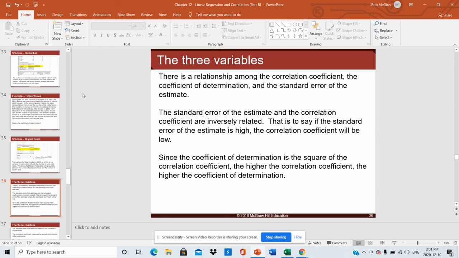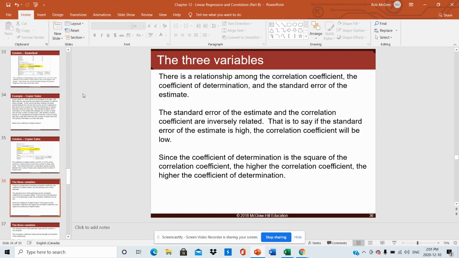And that should make some sense since the standard error of the estimate shows us how much deviation there is in our data, and the correlation coefficient measures the strength of our relationship. So the less deviation we have, the stronger our relationship is going to be.